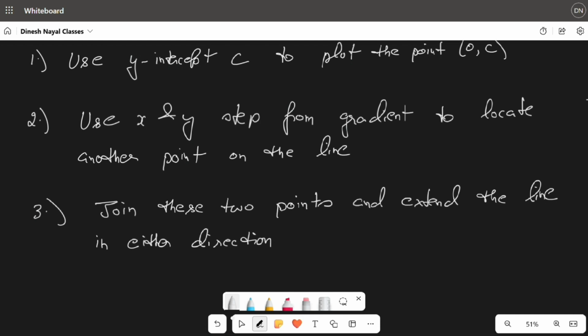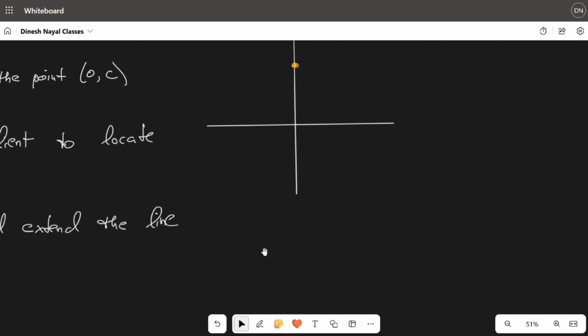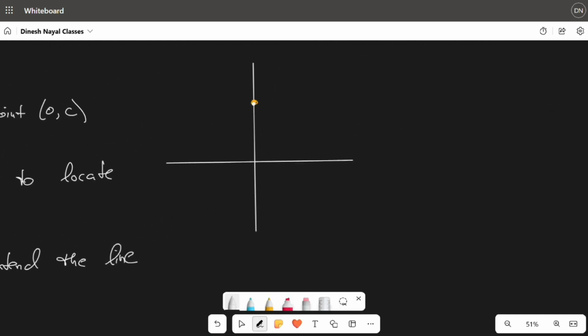Okay, so you see that as we have drawn it over here, this is the y-intercept, and then you use those x and y steps, like how many steps towards right or up or down, take another point and join. So let's take an example that will give you a better understanding.